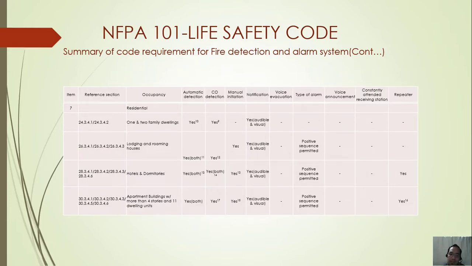So you will notice, guys, in residential, there is a common requirement. CO is always there because most of the time there's a garage in this type of occupancy, where there's a car parking, so there will be a potential source of CO. And for burning fuel appliances in a house, you need to have CO detection there.